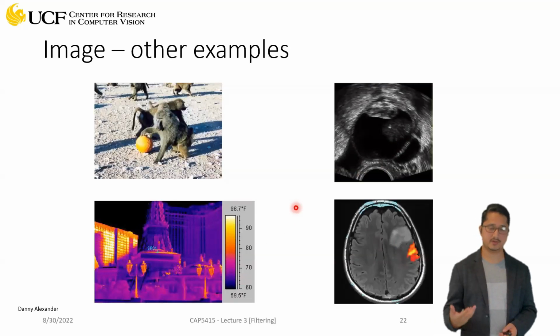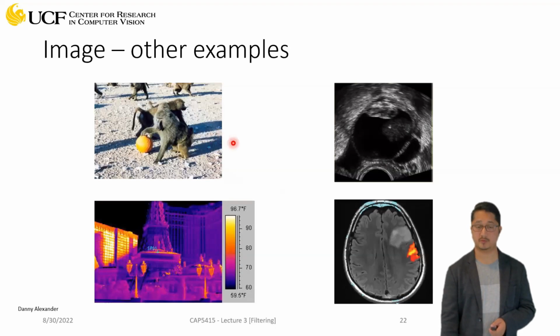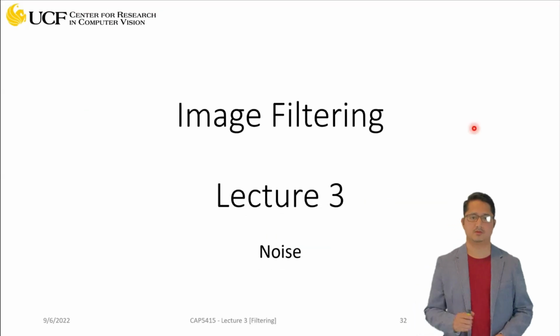All these different modalities of data can also be represented as images. So this is something to know, because when you are developing your algorithms, it's not going to be just operating on this kind of image. You might have similar algorithms which might also operate on these kinds of images.